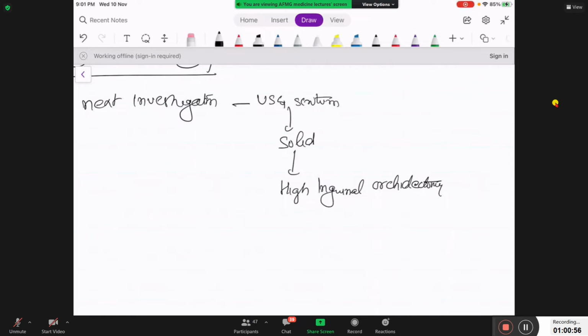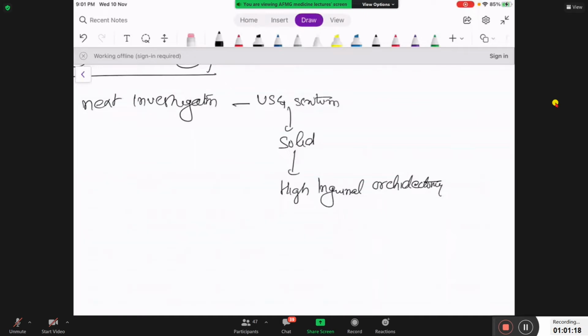Right? You will remove the testis from the inguinal canal. You can remove the testis by giving an incision on the scrotum also, but you will not do that. You will remove the testis by giving an incision on the inguinal canal. Reason? The scrotum has a different lymphatic drainage and the testis has a different lymphatic drainage.